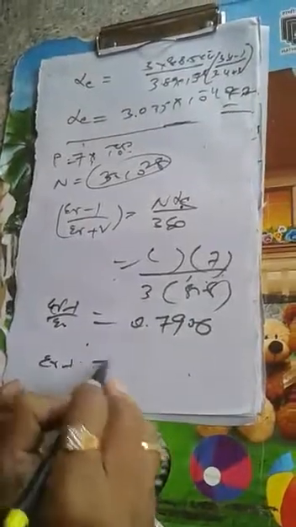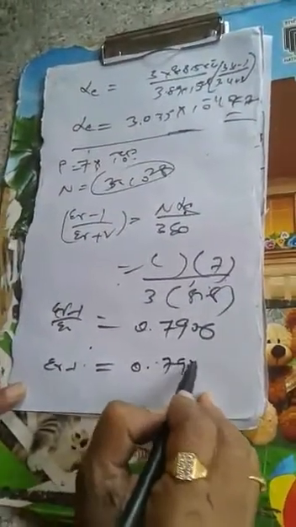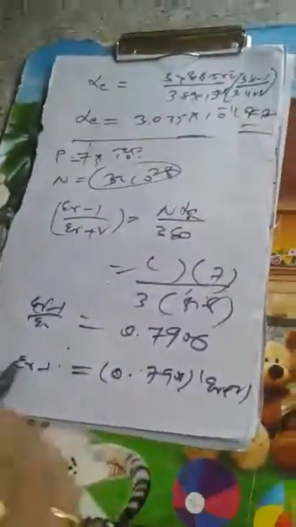Again, εr − 1 can be written as 0.7906 times (εr + 2).